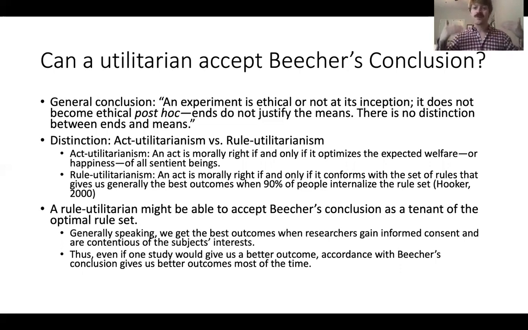Well, why? Well, because most of the time getting informed consent is going to give us the best outcomes, right? Because there might be, say, a number of studies that aren't significant enough to justify some people dying, right? In which case we have a worse outcome. So given that we have this worse outcome that will obtain, say, some or most of the time, we can substantiate a rule that says obtain informed consent, which is Beecher's general conclusion, right?